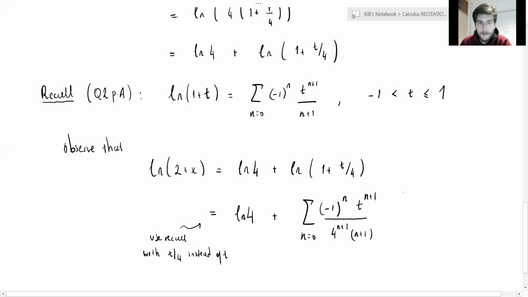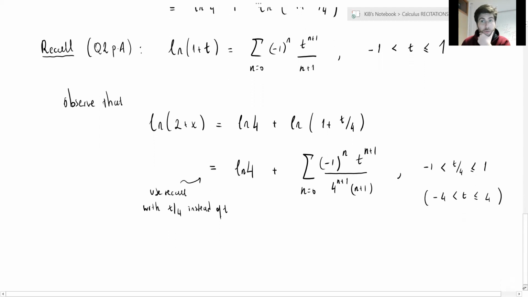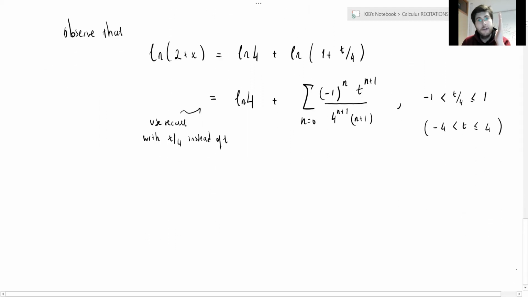But of course, with t over 4 between minus 1 and 1, or if you like, t between minus 4 and 4. With this domain of convergence, we have this equality. Otherwise, this equality is not true. Always, you need to specify the domain of convergence.